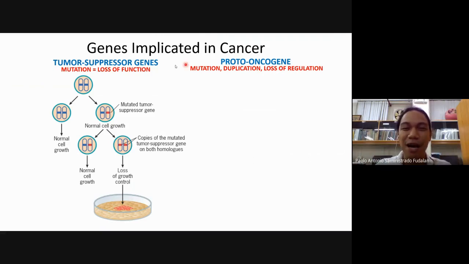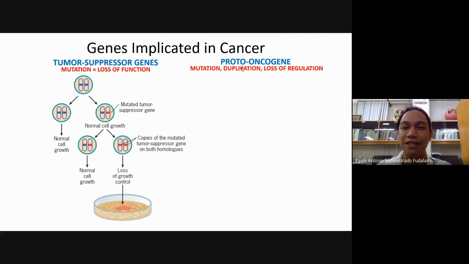So, how do we differentiate this? Ang tumor suppressor genes, originally, they were to control cell division. Ang proto-oncogene, ang iyang function is to help in cell division. So, kung ang tumor suppressor gene na daot, wala mag-control sa cell division, cancer. Kung ang proto-oncogene na daot, mabuang siya, it will always tell the cell to divide.